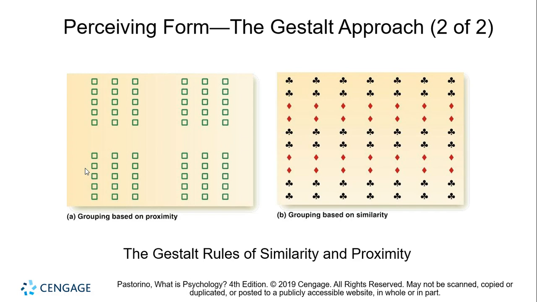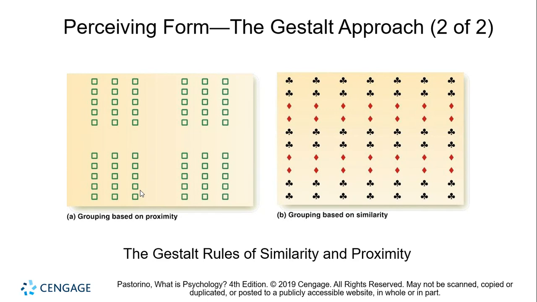But most people are going to see that as four groups of 3 lines. Why? Because the distance between this group and this group is large enough that we go, yeah, these guys are not together. And the distance between this group and that group is large enough that we tend to say those things are not together. We group things by distance.